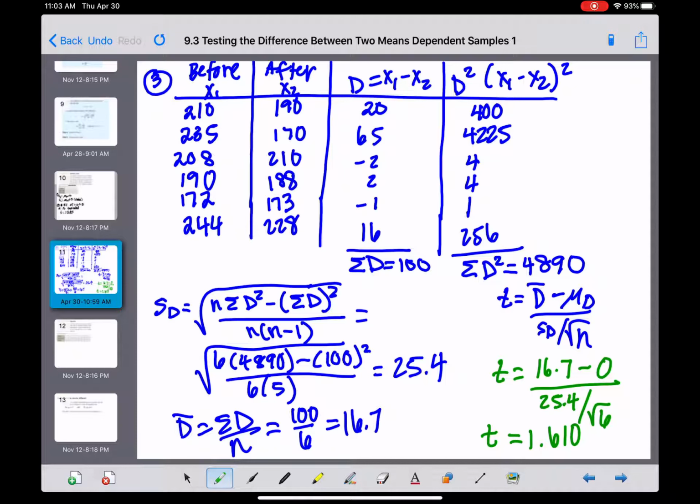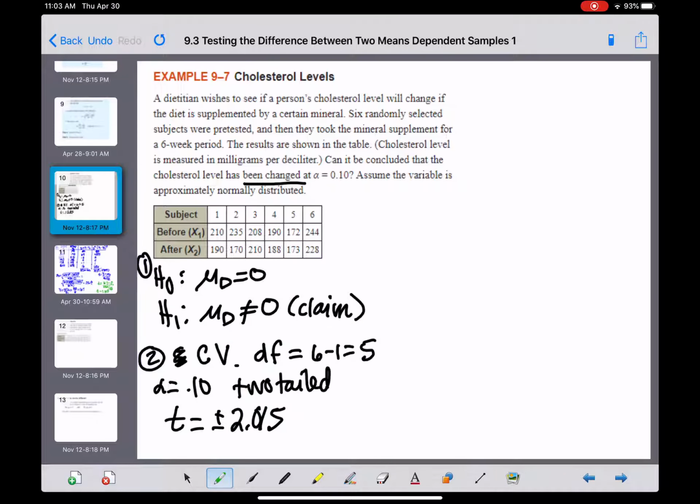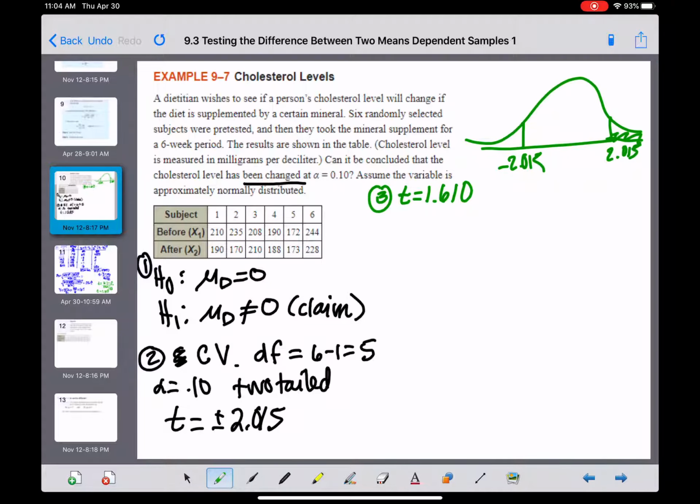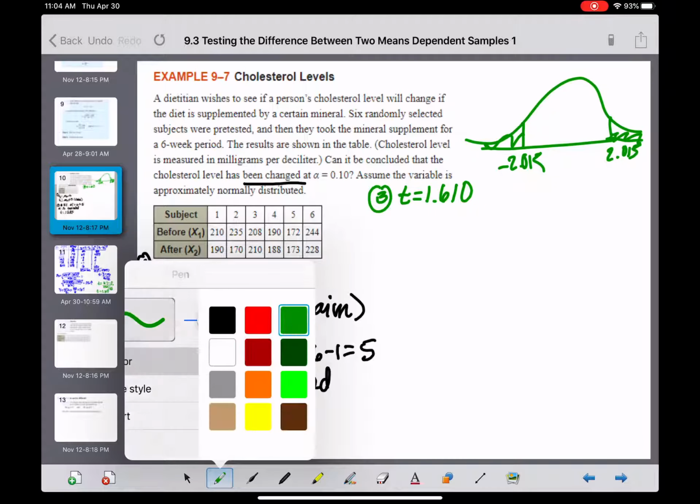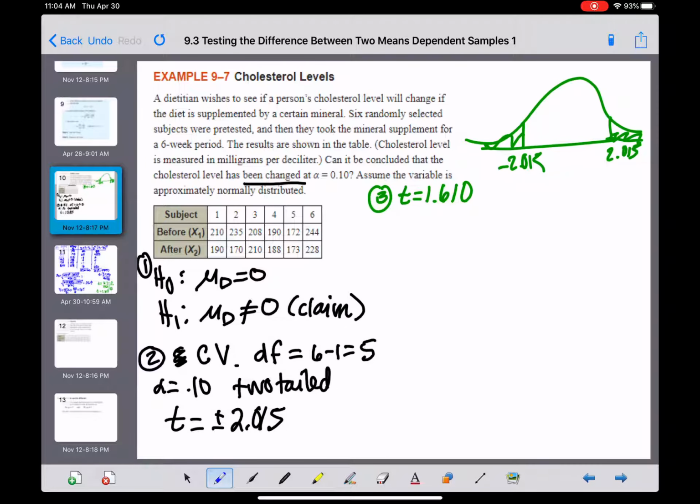So I'm going to go back here. Step 3, our t was 1.610. So when we compare, we had 2.015 and negative 2.015. So 1.6 is not in the rejection region, so we're not going to reject.